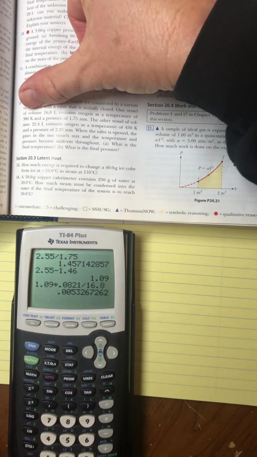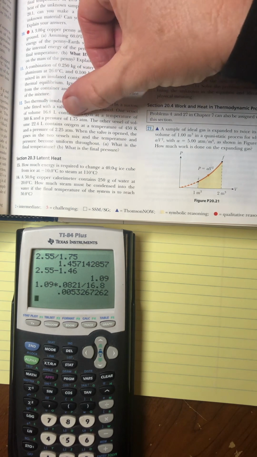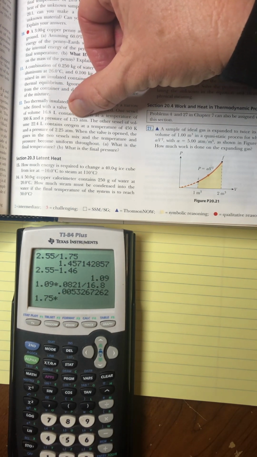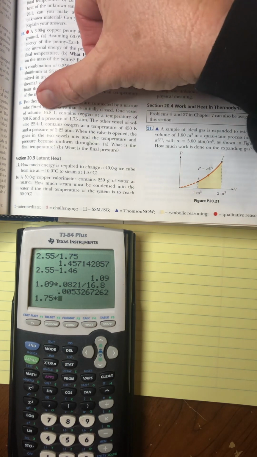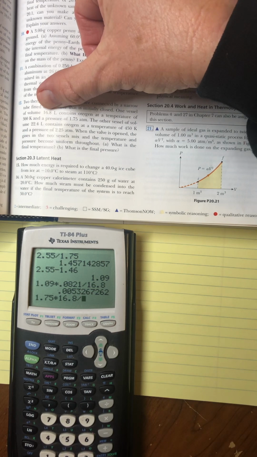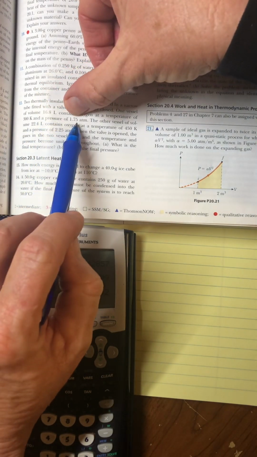The pressure of the first one is 1.75. The volume of the first one is 16.8. Now, being careful with my units, those are in liters for volume and atmospheres for pressure.